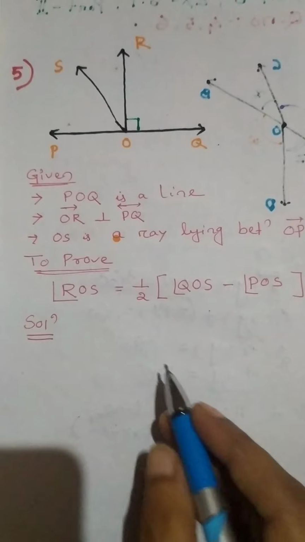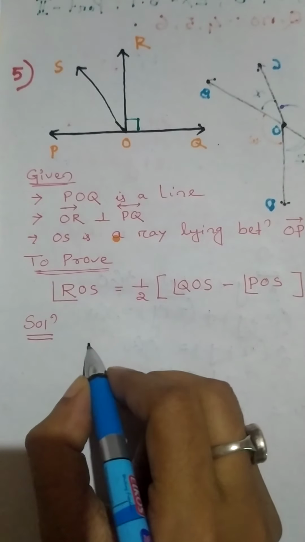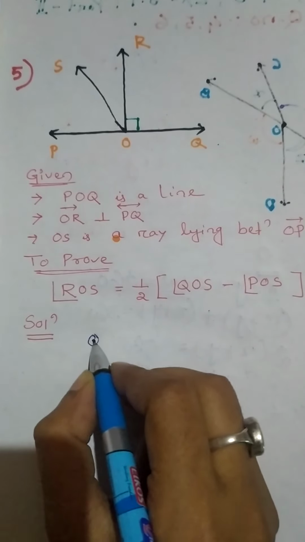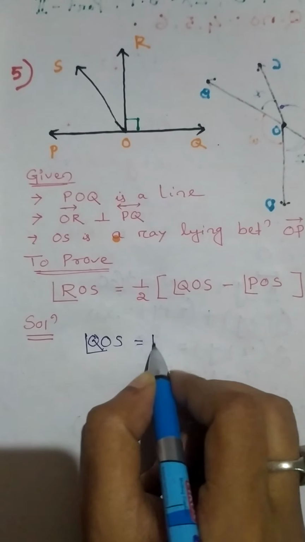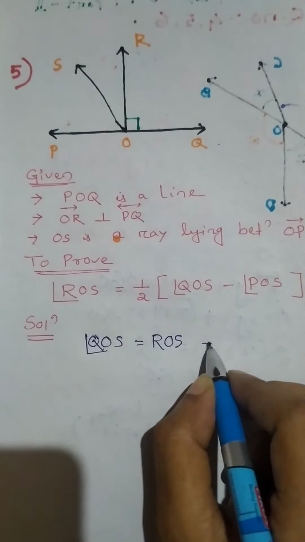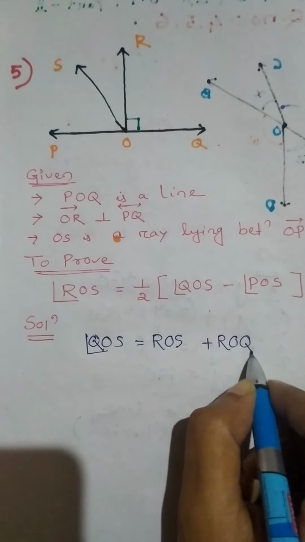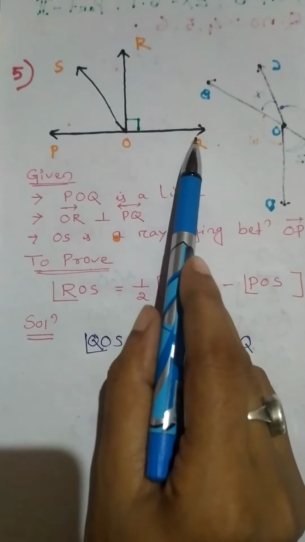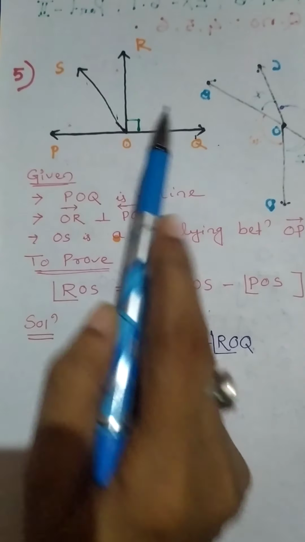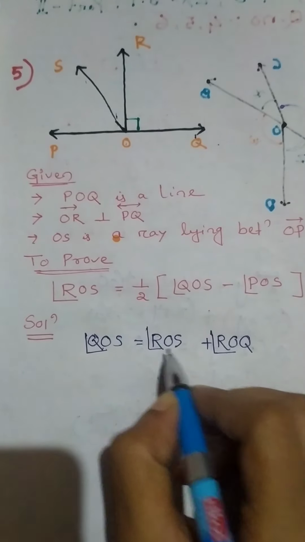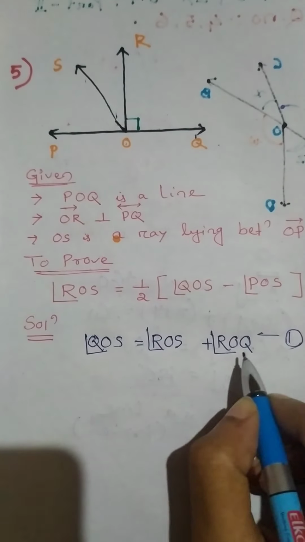So we will start our solution from angle QOS. QOS angle can be written as ROS plus of ROQ. So this angle is equals to sum of this angle and this angle. Make it as equation 1.